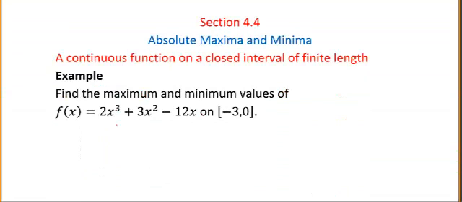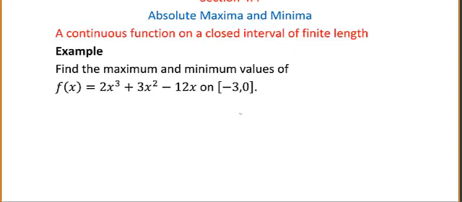Let's find the maximum and minimum values of f(x) = 2x^3 + 3x^2 - 12x on the closed and bounded interval from -3 to 0. Notice this is a continuous function, it's a polynomial, and this interval is closed and bounded, so the extreme value theorem says that there is a maximum value and there is a minimum value.